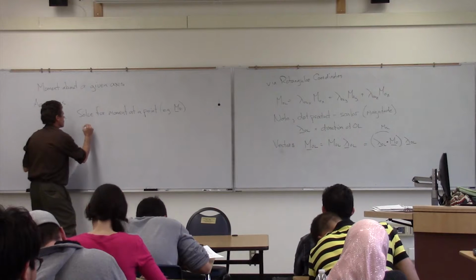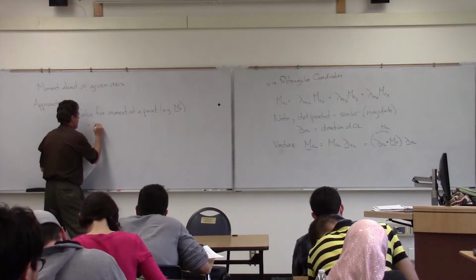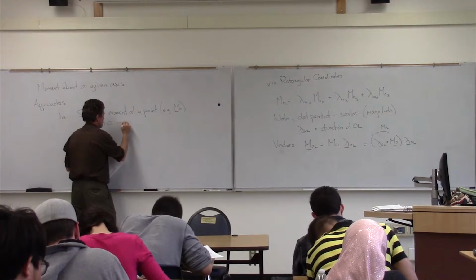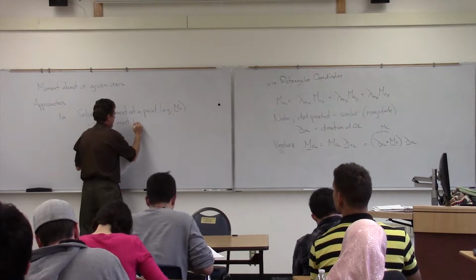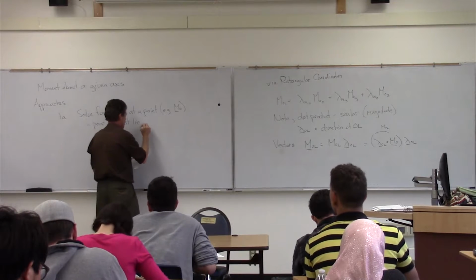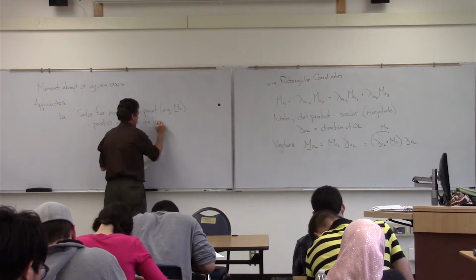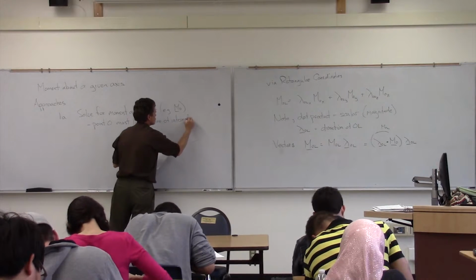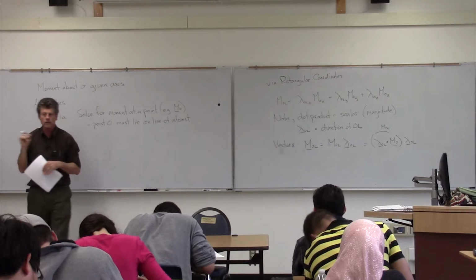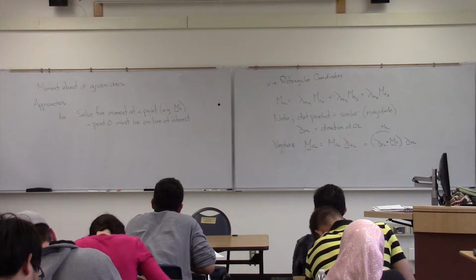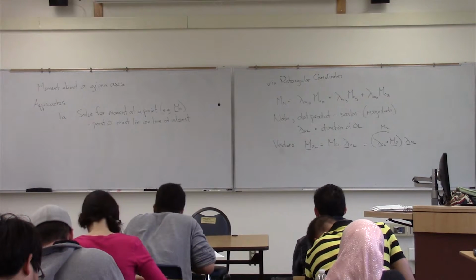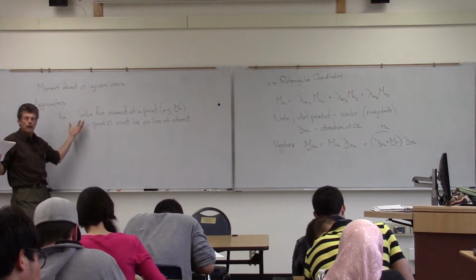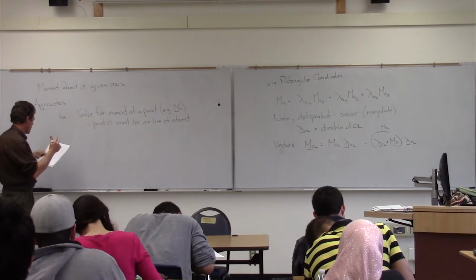Now, one criterion: we can't just solve for it anywhere. It has to be along this line that we're going to be interested in projecting onto. So we need to find that line, and we find a point there, and then solve for the moment using our cross product. We're all good at that. We can solve through that.